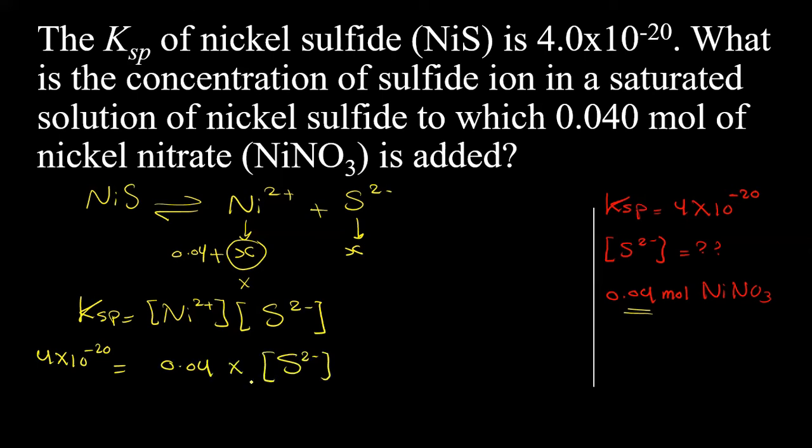So the concentration of sulfide ion equals 4 × 10^-20 divided by 0.04. The answer will be 1 × 10^-18 molar. So this is the concentration of sulfide ion when you add 0.04 mole of nickel nitrate to nickel sulfide.